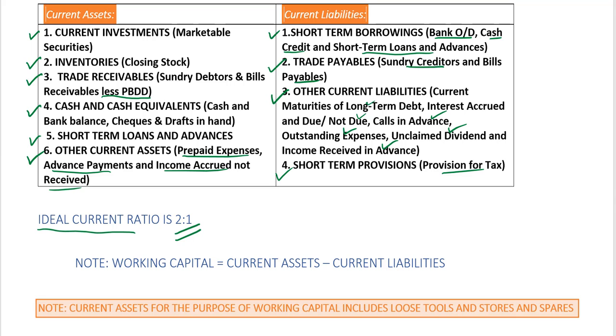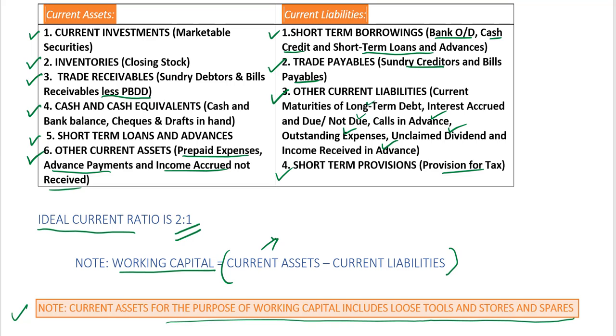Let's learn the formula to arrive at the working capital. The working capital is equal to the current assets minus the current liabilities. Please note, the current assets for the purpose of working capital includes loose tools and stores and spares.